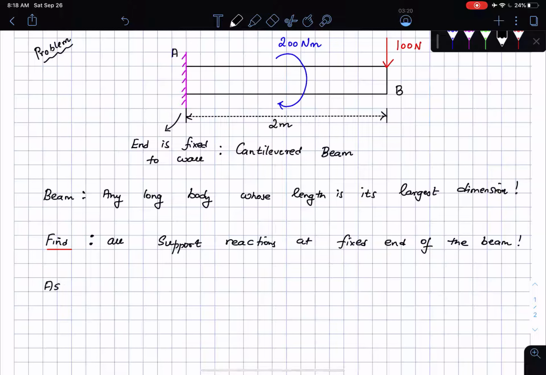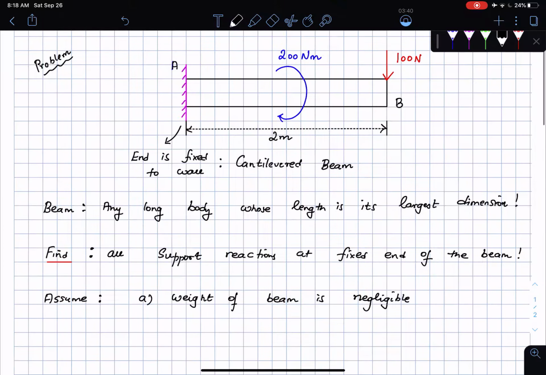Assume that the weight of the beam is negligible, which essentially means that the weight of the beam is probably smaller than the force acting on it, which is this 100 Newton force. We will also neglect the width of the beam, which means that this is essentially a two-dimensional problem.